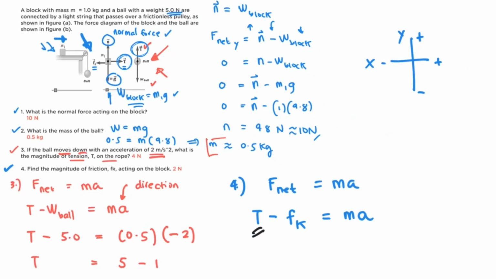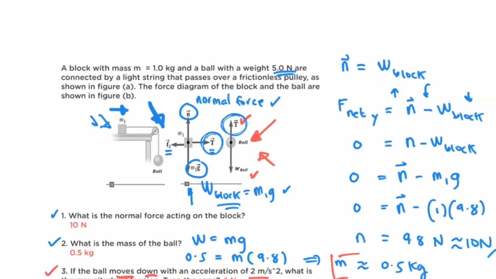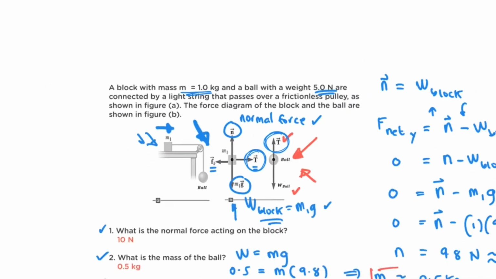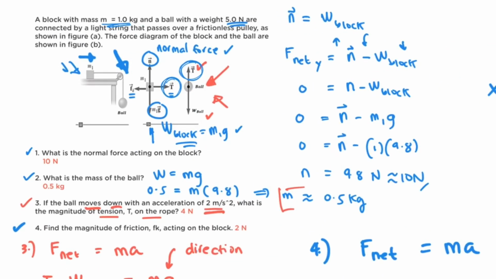Okay, so now that we have tension, let's substitute those values. We have 4 minus friction, which is what we need to solve for, multiplied by the mass. Once again, the mass that we're going to use here is the mass of the block. So that's going to be 1 multiplied by the acceleration, and it's going to be equal to the same as the acceleration that we have for the ball, because they're moving as one.